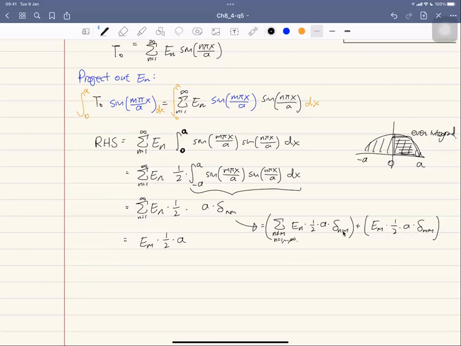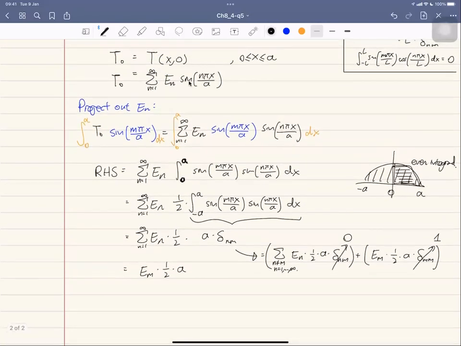If n is not equal to m, this is going to be 0, so the first term is going to be 0. And then here, this is going to be 1. So I basically just have this. The quick way: whenever you see a summation with delta nm, it just projects out, it just extracts out the em bit of this, 1/2 a. All right, so that's the right-hand side of this huge orange and blue and black mess.